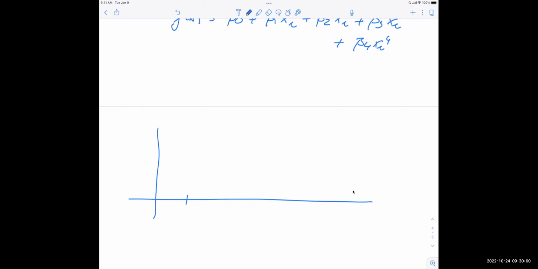So we would have a beta 0, a beta 1, a beta 2, a beta 3, and a beta 4. So what could happen is that this has a value here, and it could have a variance like this. It could have a value here with another variance, a new value.